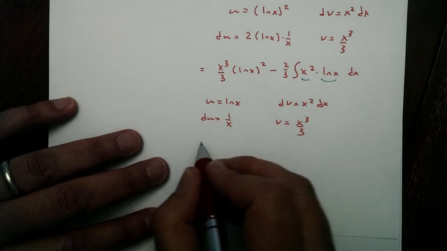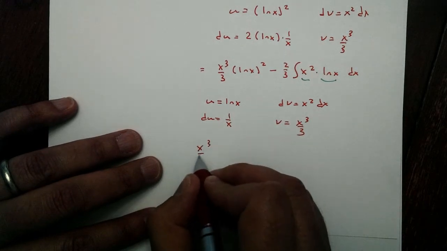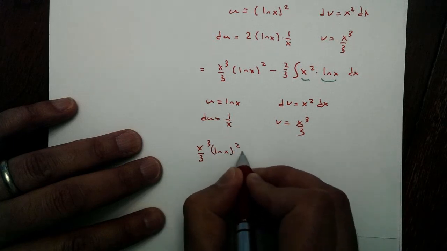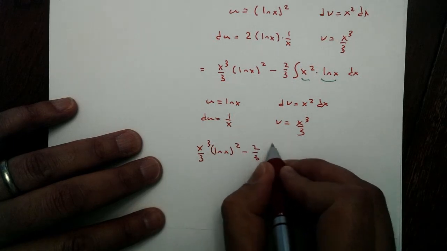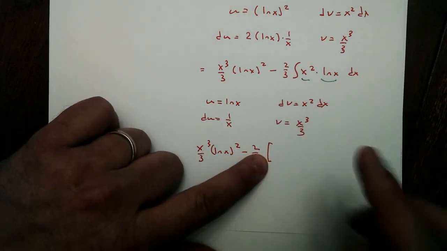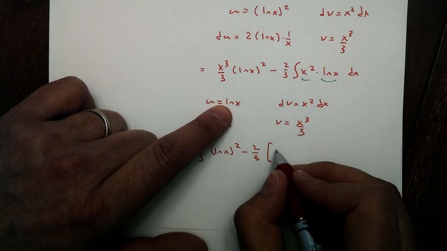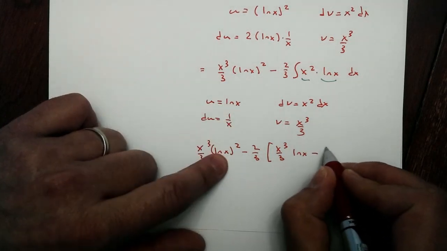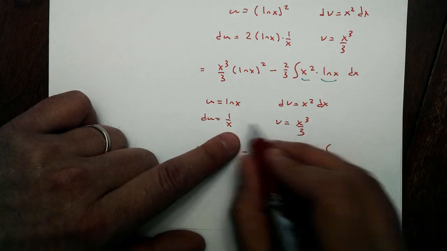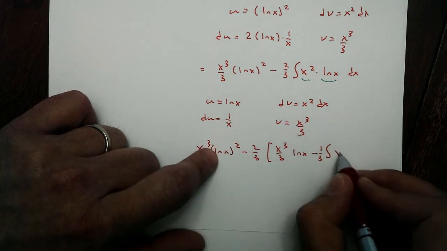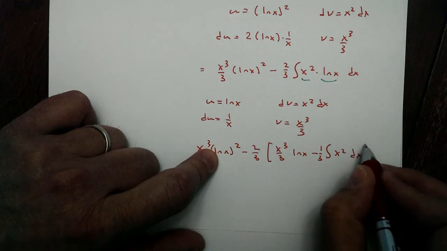So if I simplify all of this out, we're going to get x cubed over 3 natural log of x squared minus 2/3, and remember, I'm now multiplying this whole thing. This is my integration by parts here, I'll use a bracket there. u times v, x cubed over 3 natural log of x, minus the antiderivative of v du. Again, I can factor out the 1/3, and that becomes x squared dx.